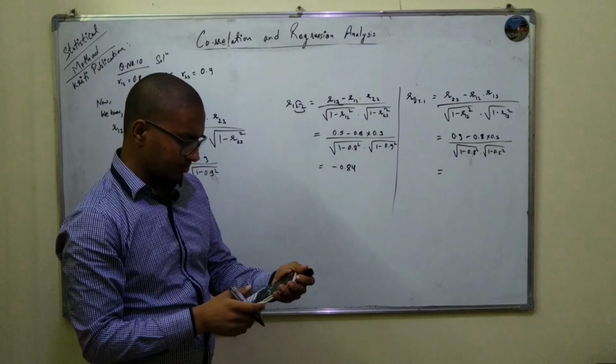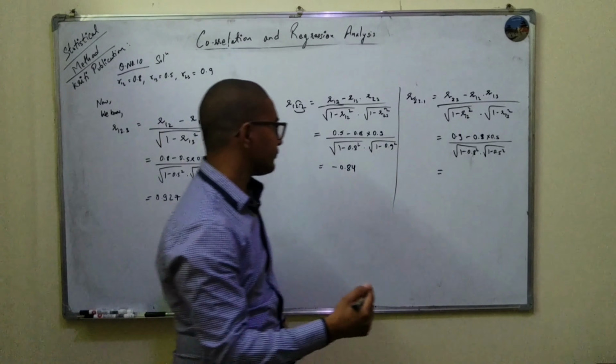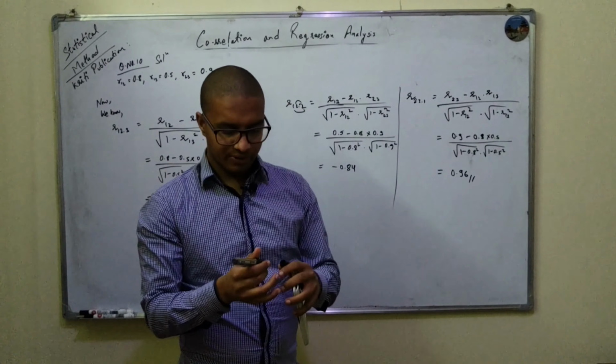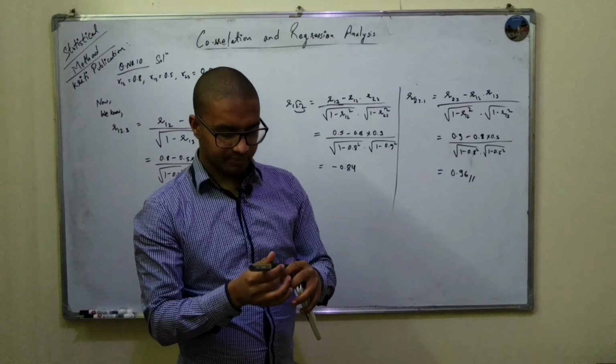There are two roots; I made a mistake earlier. We get 0.96. So that's our partial correlation coefficient.